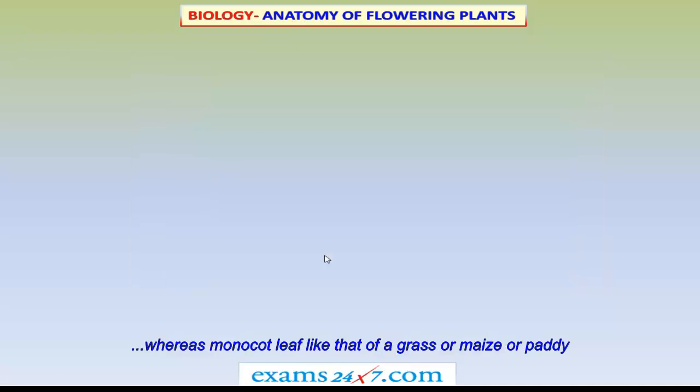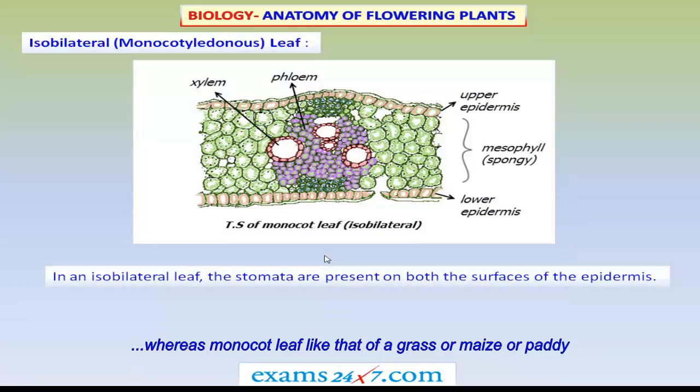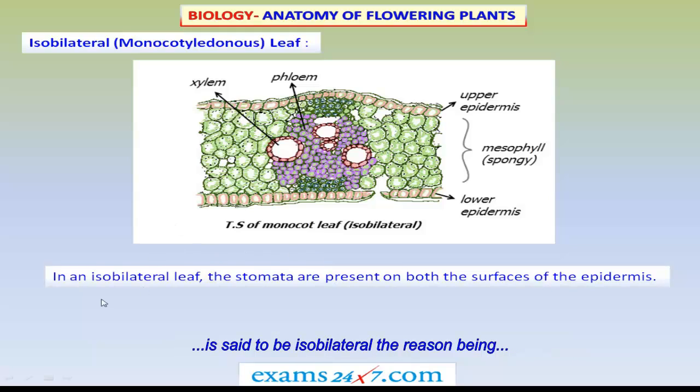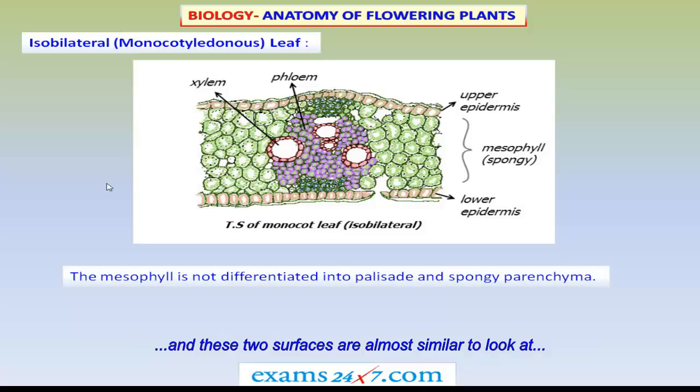Whereas a monocot leaf like that of a grass or maize or paddy is said to be isobilateral. The reason being that these leaves are held obliquely and both the surfaces of the leaves are exposed well to the sunlight, and these two surfaces are almost similar to look at, and hence it is called isobilateral.